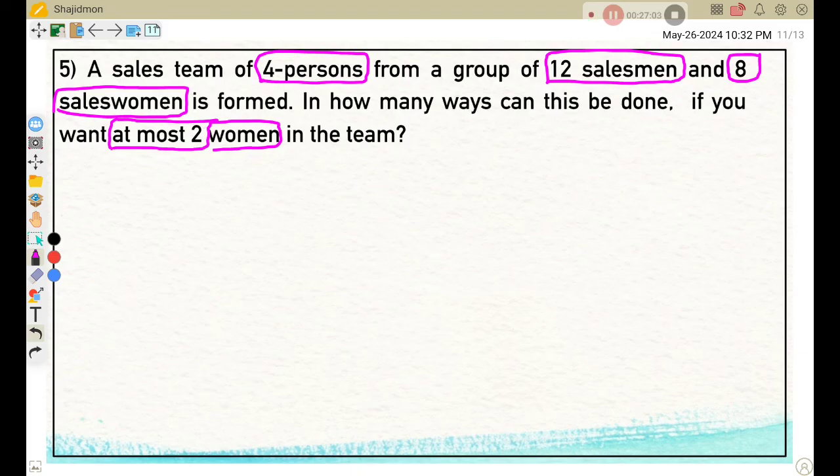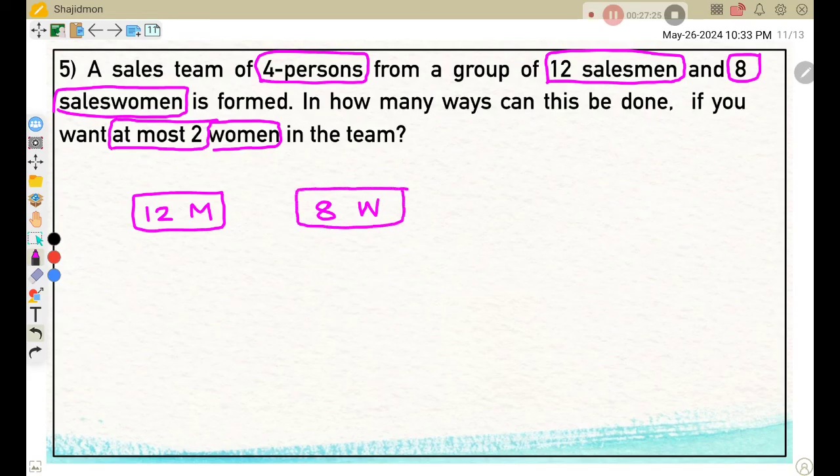You can identify the question term by term. You need to read it 1 or 2 times to understand the question. For example, we have 12 salesmen, I am representing them by M. M means salesmen. And we have 8 saleswomen, I am representing women by W. So there are 12 men and 8 women.